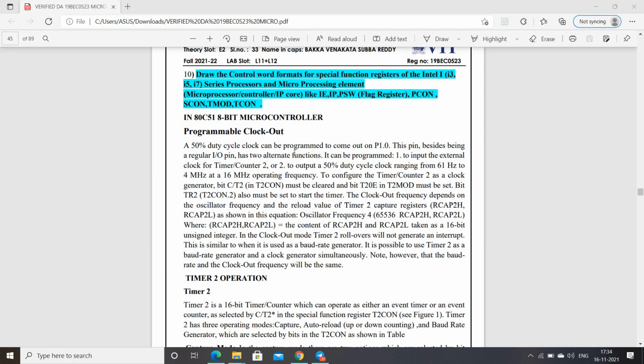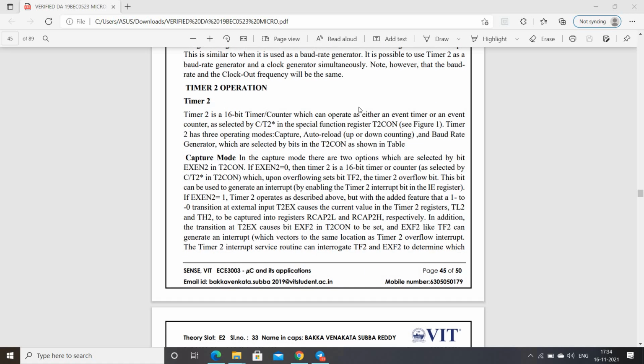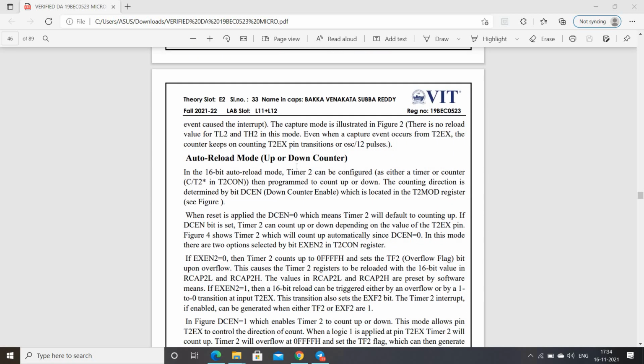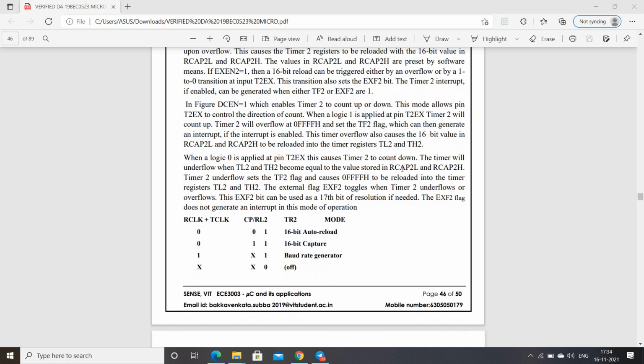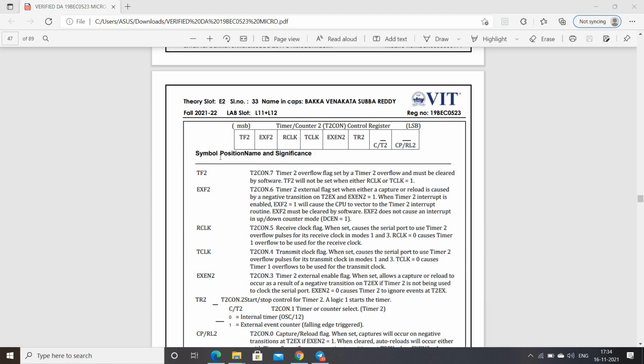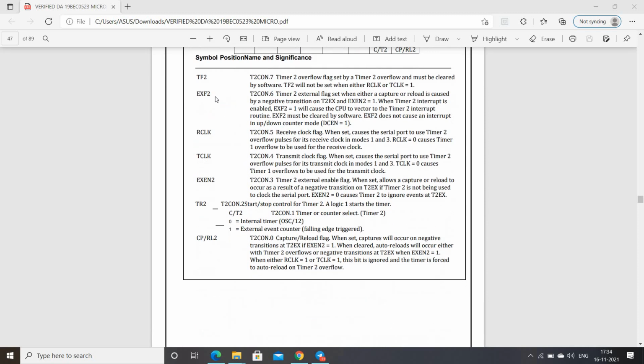programmable clock out. So this is the timer 2 operation, and this is the capture mode explanation, and auto reload mode, up or down control counter, and this is the symbol, position, name and significance, as you can see here.